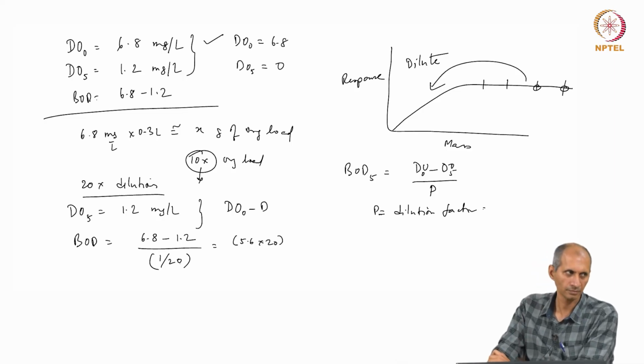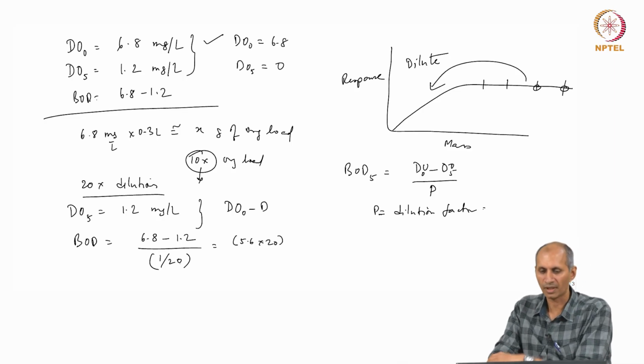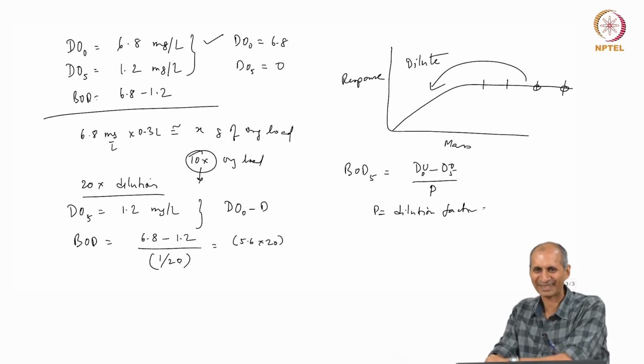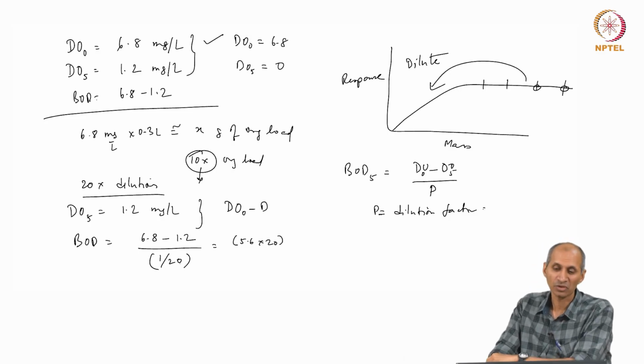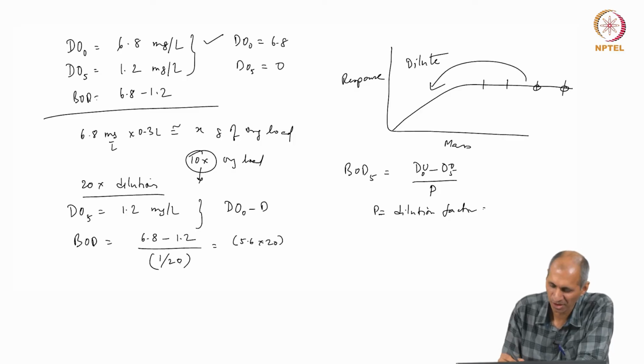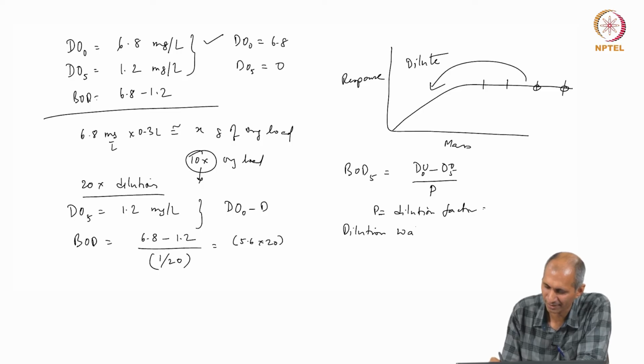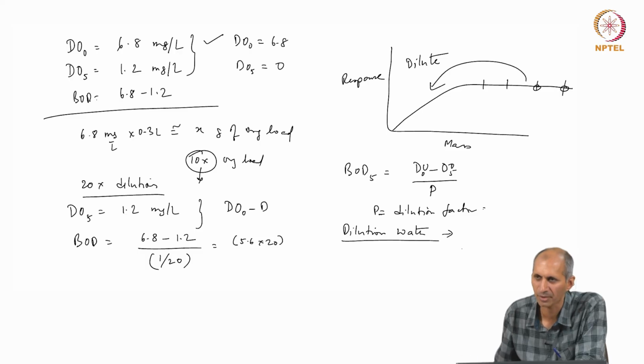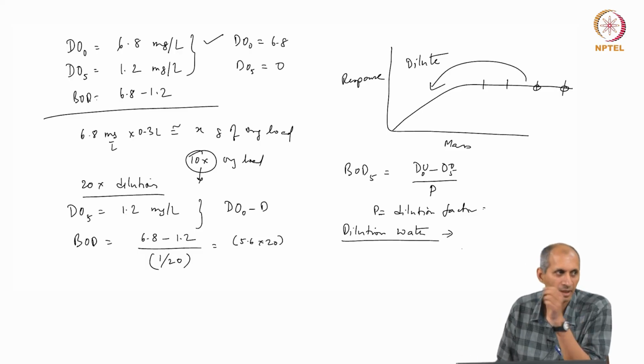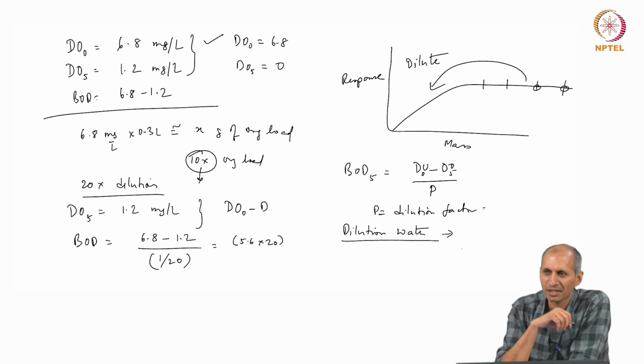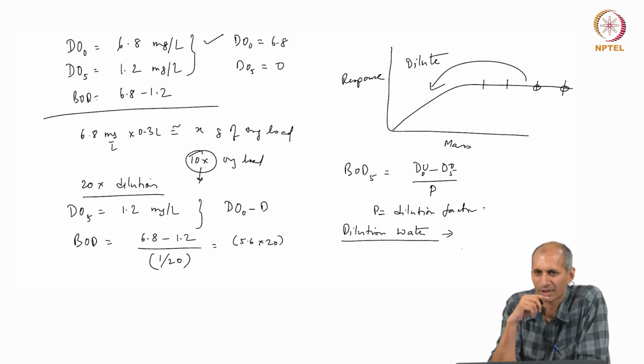What is used for dilution? Distilled water or? Yeah, good question. What you use for dilution is called dilution water. Now, this could be whatever is the purest water that you have. Now, what is the quality control here? There is a matrix effect.